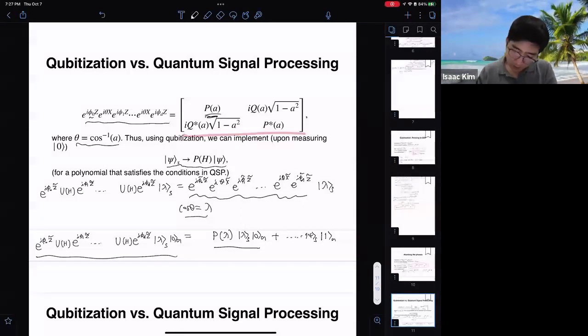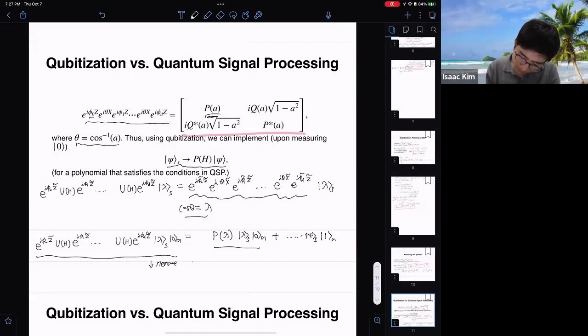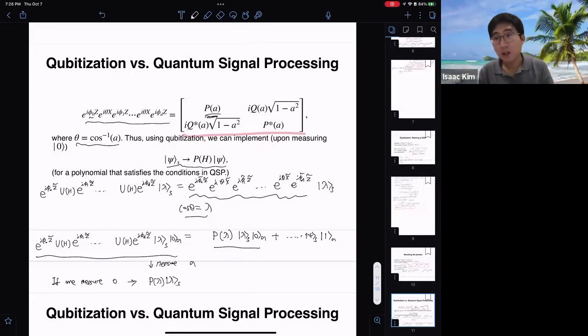So what we can do is simply measure this extra qubit, and if we measure 0, then the post-measurement state is P of lambda s for any eigenstate.